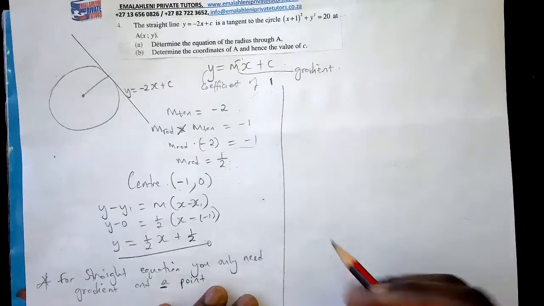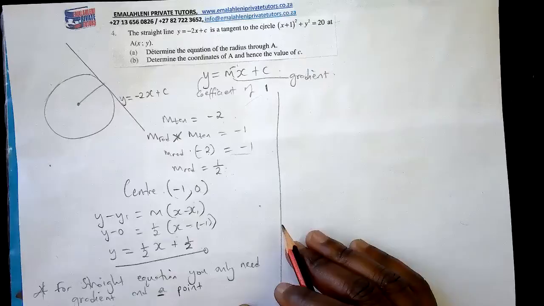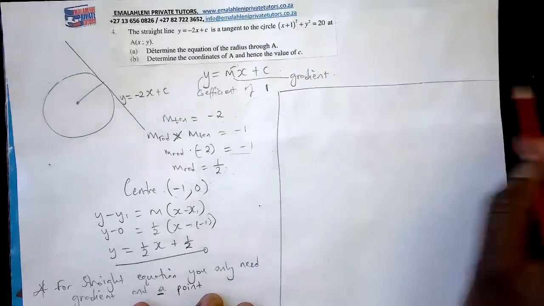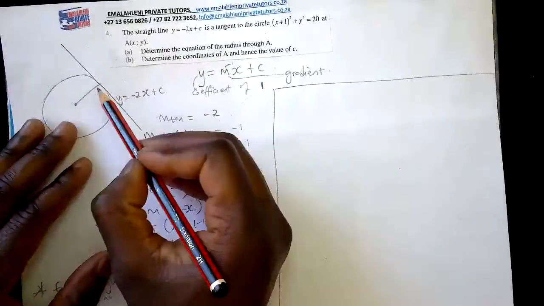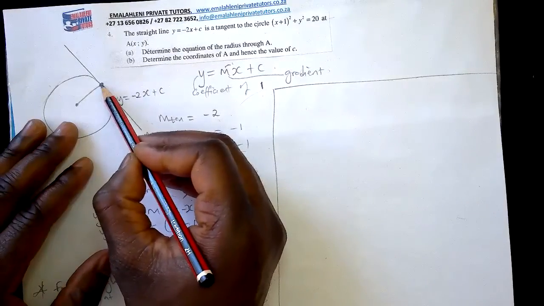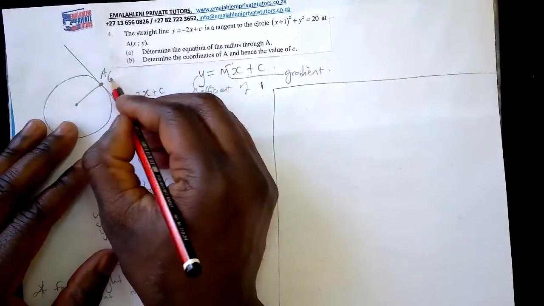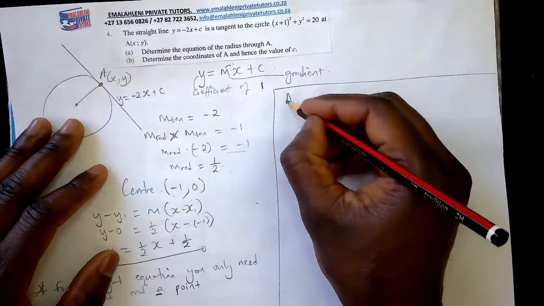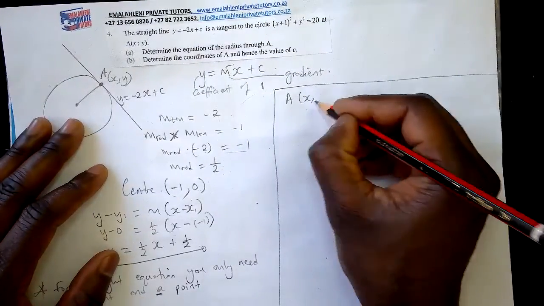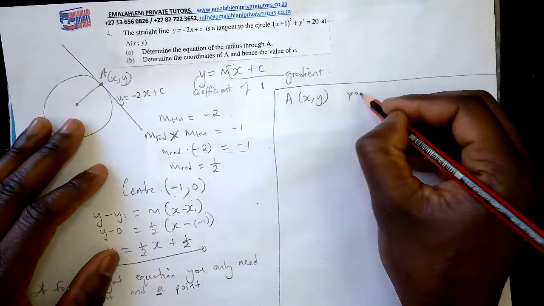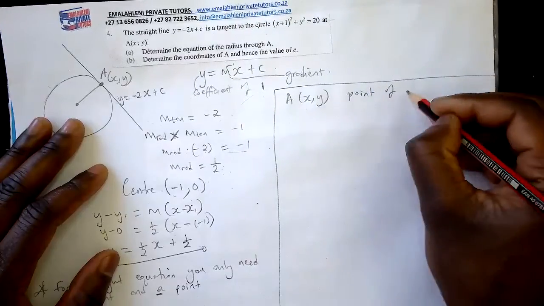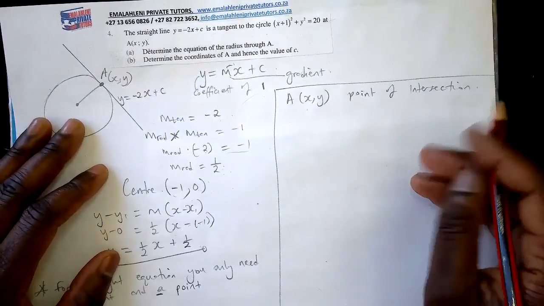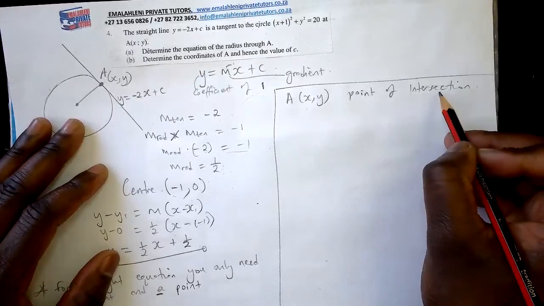Let's move on to the next question. Determine the coordinates of A, the value of C. Something you need to understand again: this is the point of intersection. So A is here, is (x, y). What do we know about the point of intersection?